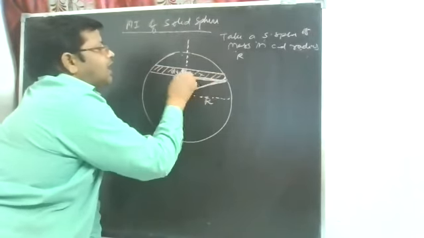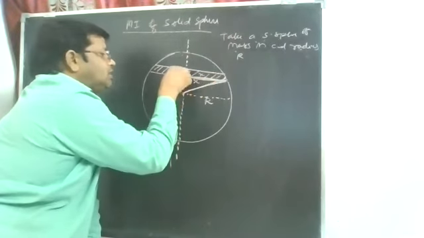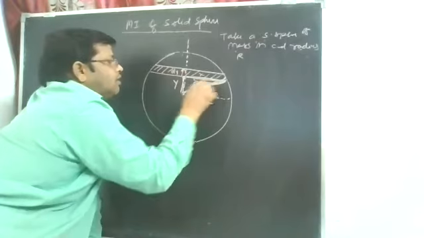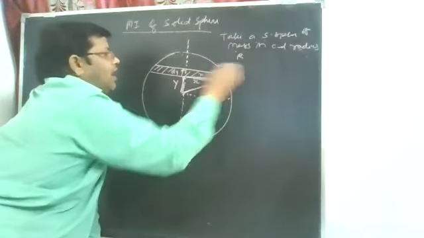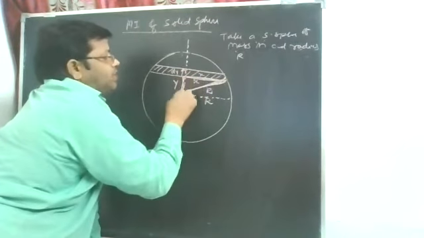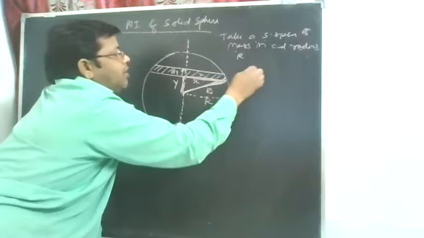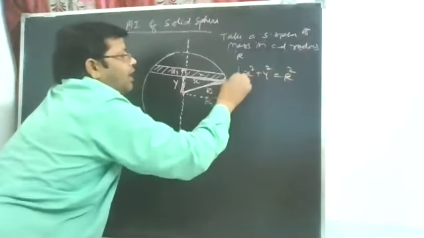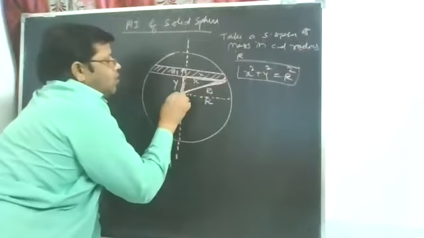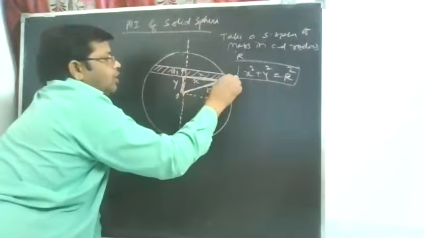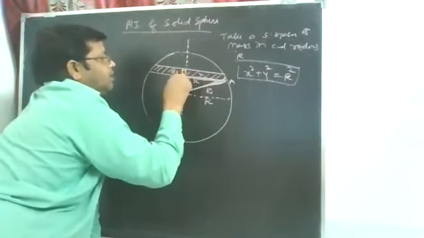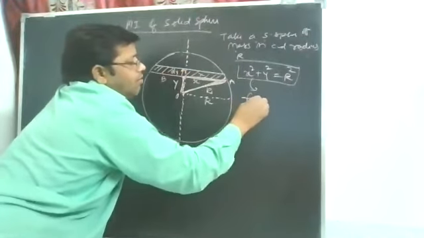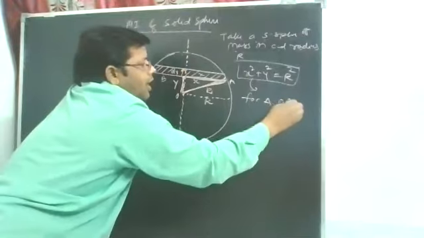This length is x. This distance is y. And what is this distance? r. So this is a right angle triangle. We can write x square plus y square is equal to r square, for triangle OAB.